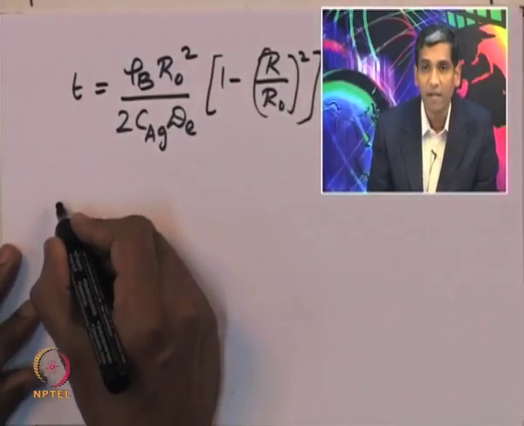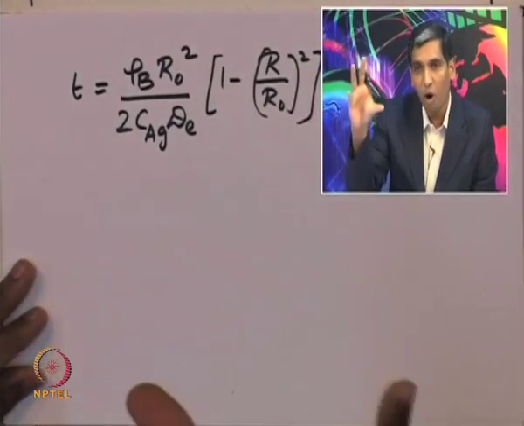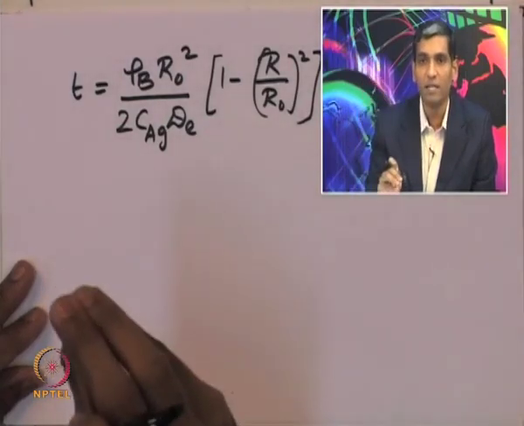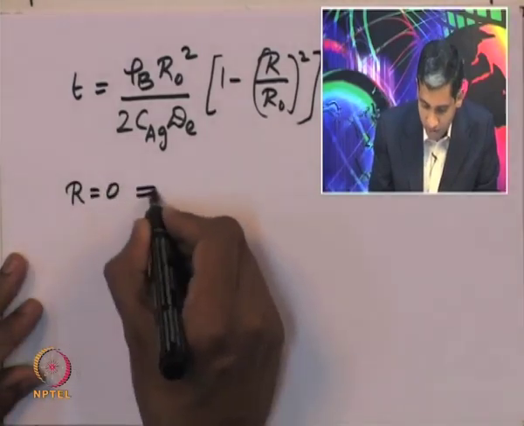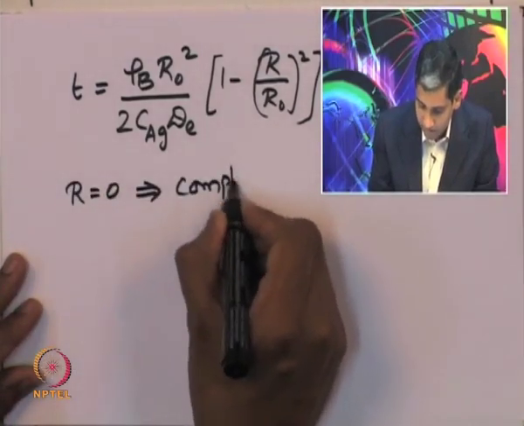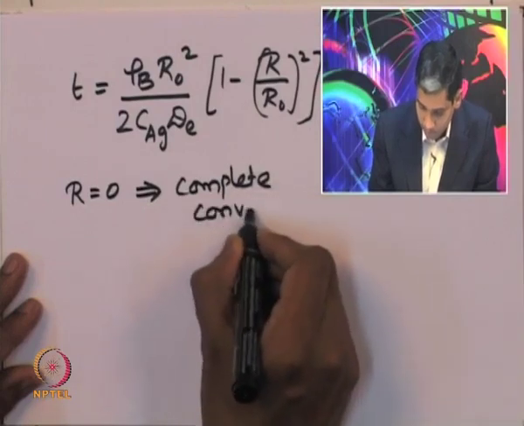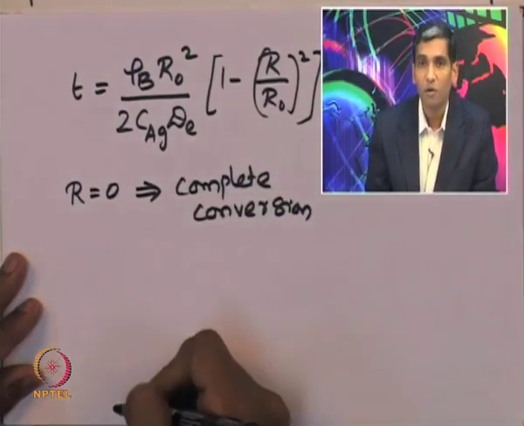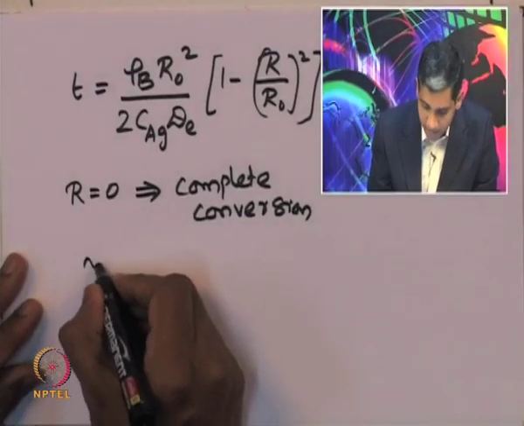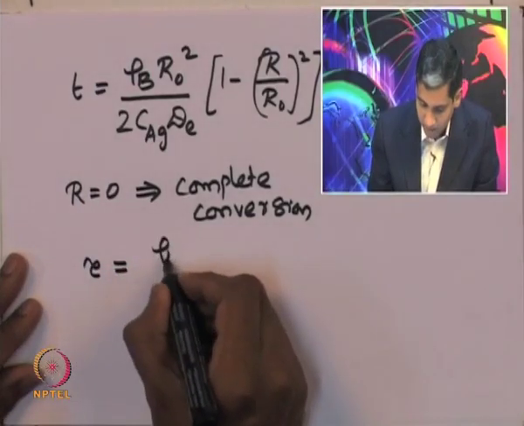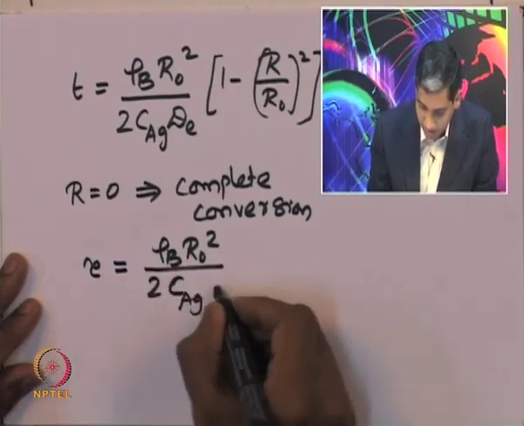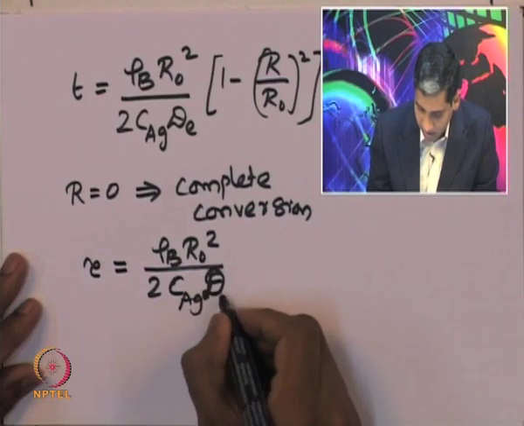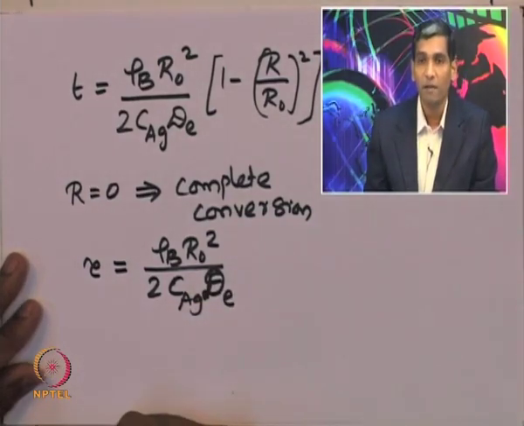Now, in order to achieve complete conversion, meaning all of the solids present in the particle have been completely consumed, r equal to 0 corresponds to complete conversion. Under these conditions, the time taken for complete conversion is given by rho b r naught square divided by 2 Cag into dE, which is the diffusivity of the species through the particle.